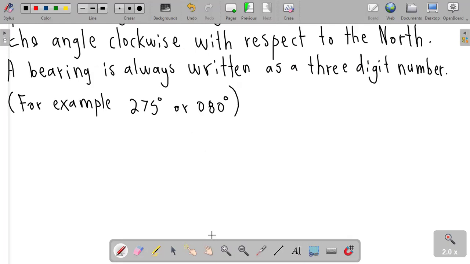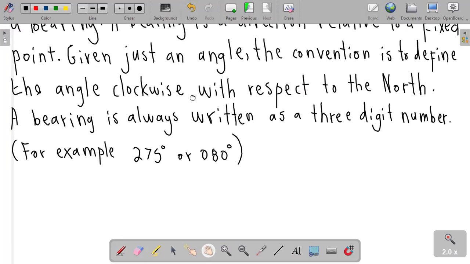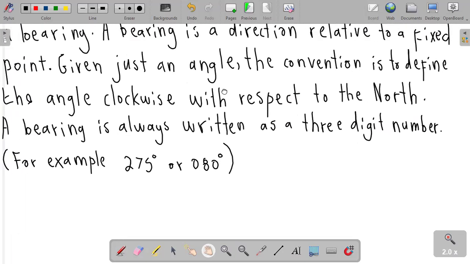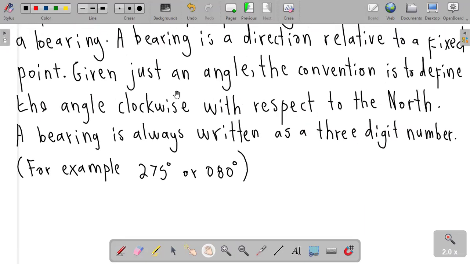So we take the angle clockwise. Given just an angle, okay, this is important, the convention is to define the angle clockwise with respect to the north. Let me show you what this means.